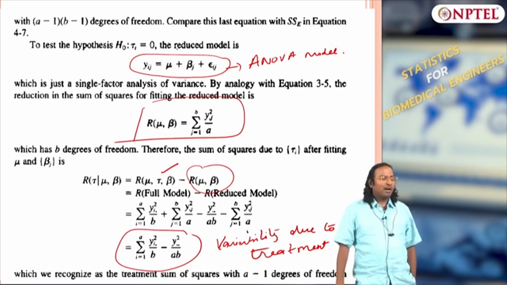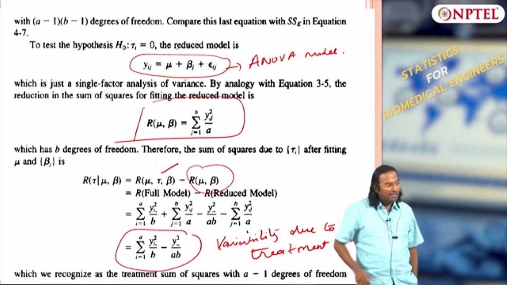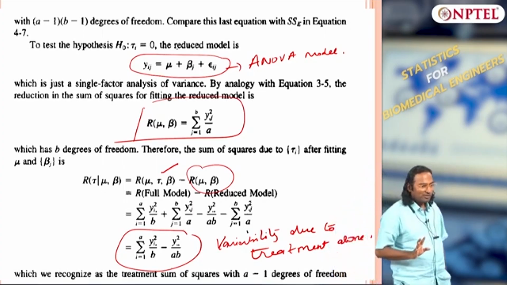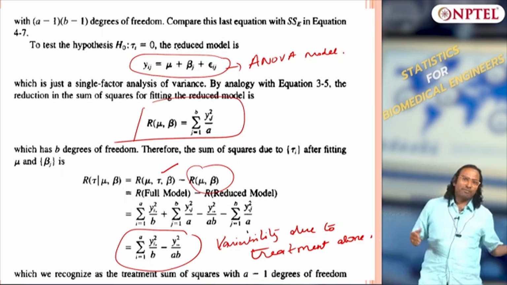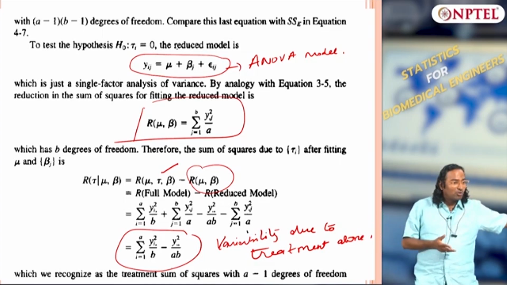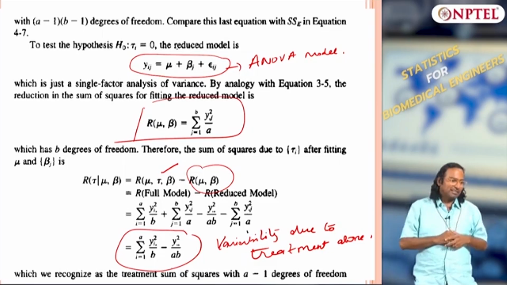Or if you take mean square error, sum square error divided by the degrees of freedom, that should be lower. Variability explained by the model may be very high, but the variability in the data may also be very high. So it is always seen in relationship.